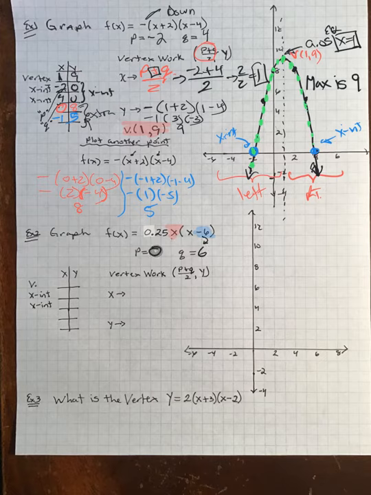So be careful you don't say -6, and it's 0. Right? So we know that for the x-intercepts, the y values are always 0. So we know that 0, 0 is one of the x-intercepts, and 6, 0 is another x-intercept.